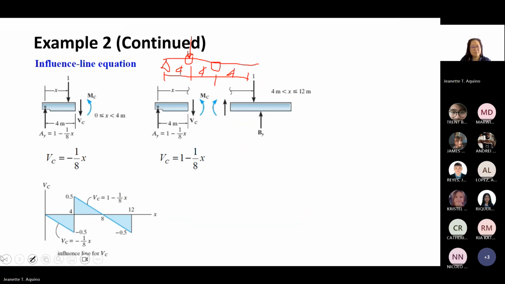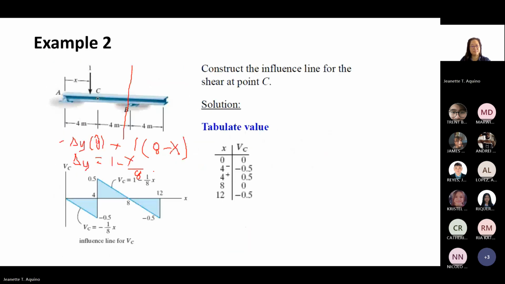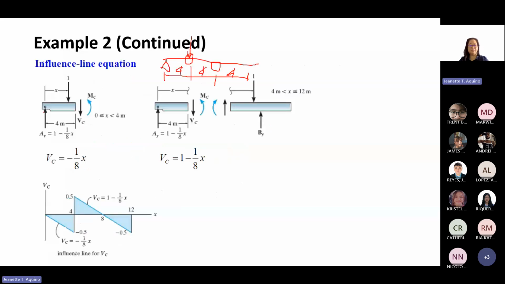So AY is 1 minus x over 8. Okay, so that's why we have this AY here.